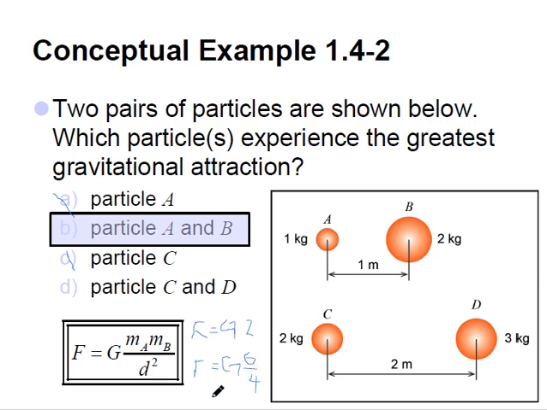So this we already knew. If you calculate it, you get about 1.5, since 6 divided by 4 is about 1.5. When you compare 1.5 and 2, you know that 2 is greater. So therefore, your particle A and B pair is going to create the greater gravitational attraction.